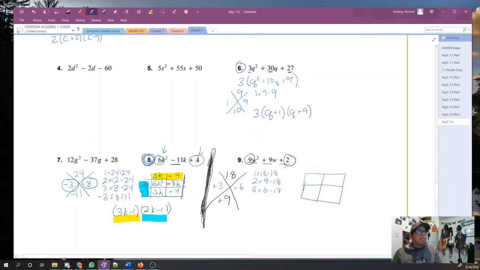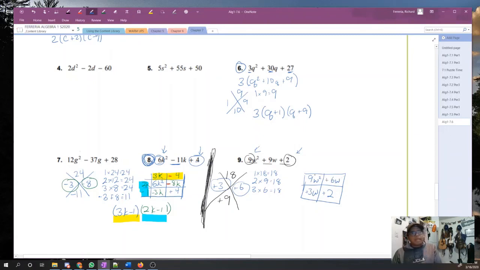Remember, the first term goes in the top left-hand box, 9w squared. The last term, the constant term, goes in the last box, 2. And then these guys on the wings, they get put over here. Plus 3w plus 6w.